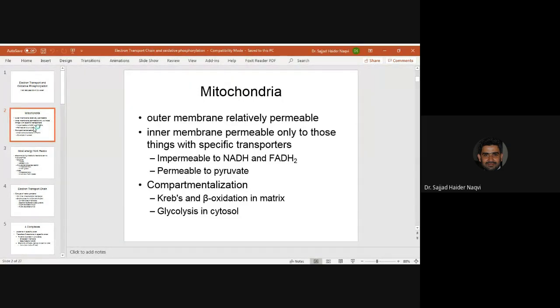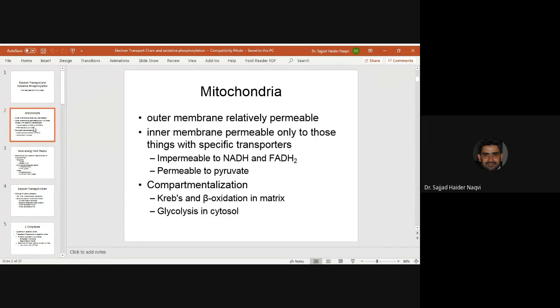Now, in the case of the mitochondria, we have to understand that whatever metabolism takes place within the cell, compartmentalization plays a very crucial role. There are certain metabolic pathways which take place within the cytoplasm, and certain metabolic pathways which take place within the mitochondria, keeping in mind that the mitochondrial membrane is not permeable to everything.